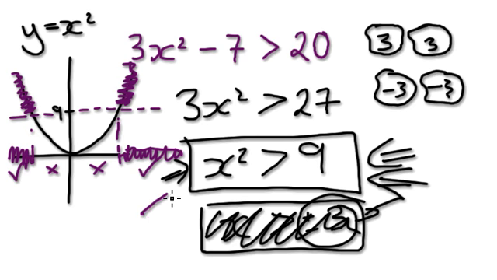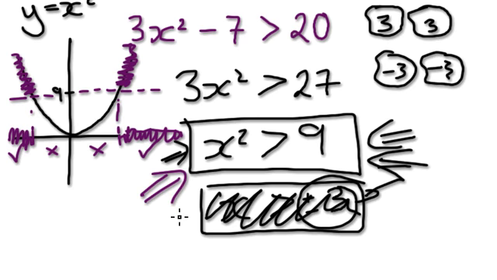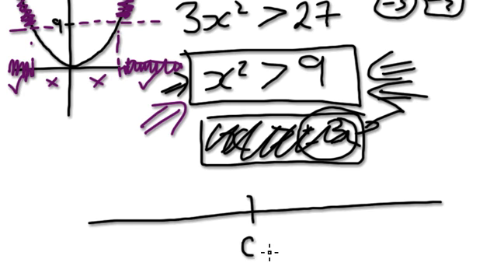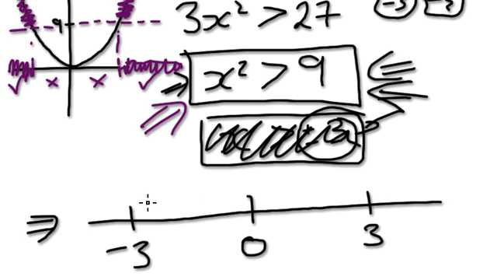Okay, but anyway, when you are here, you can see the critical point. Well, the critical points will be 3 and negative 3. 3 here and negative 3 here. When you get to this stage here, you can't tell if this region is good or this region and this region are good.